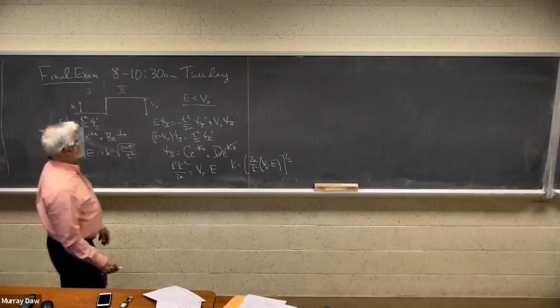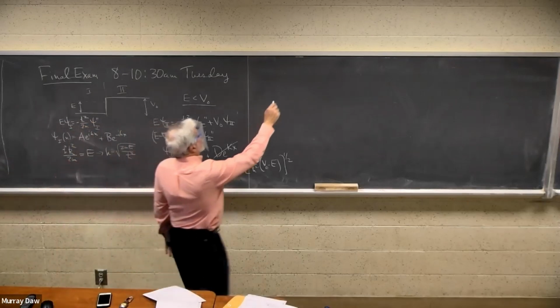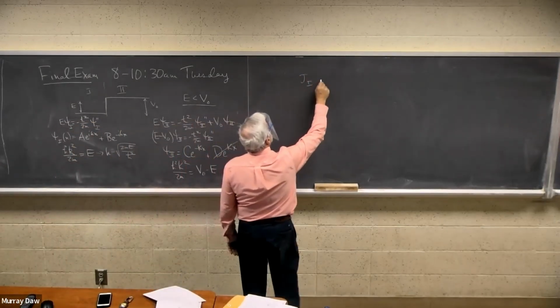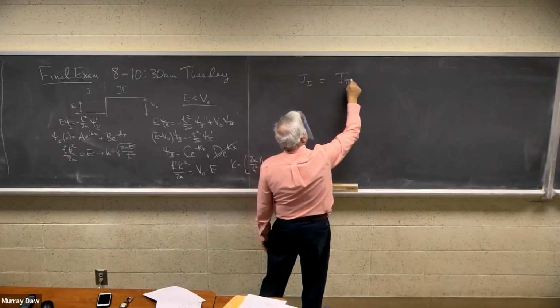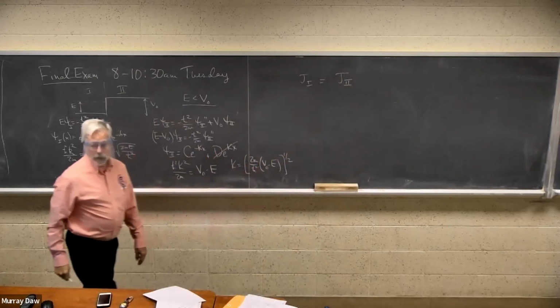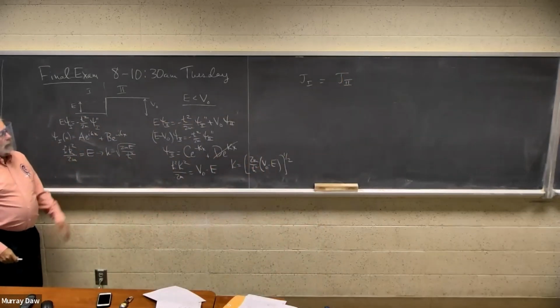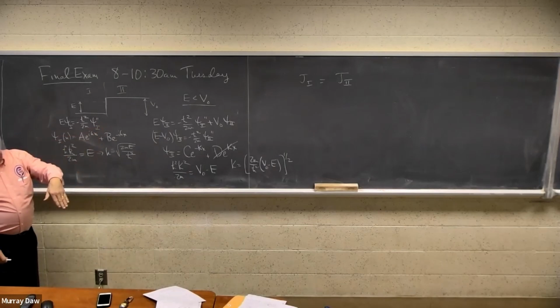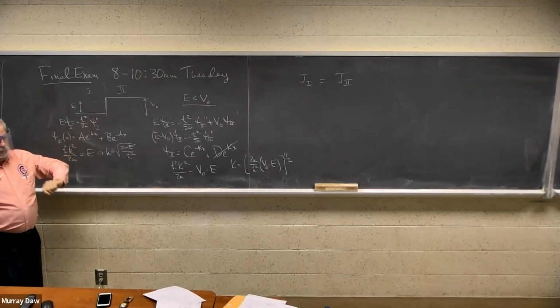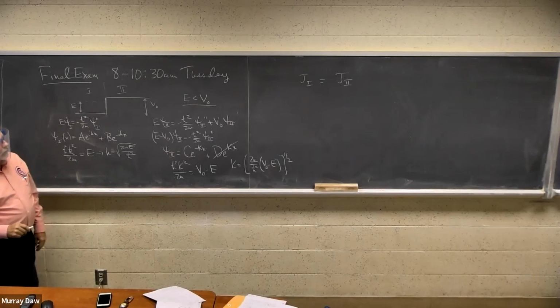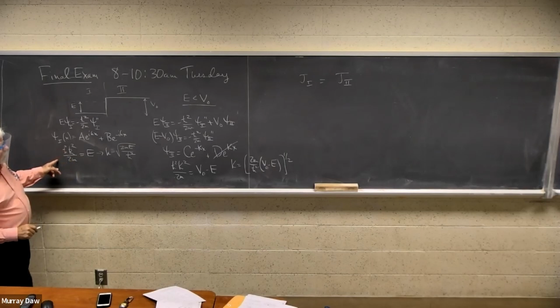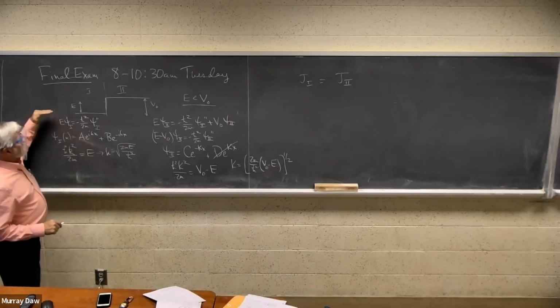Now, the final thing is that the probability current in the two regions has to be the same. This is not on the exam, but a couple of people were trying to figure this out, so I wanted to point out how it works. You see why the current has to be the same?